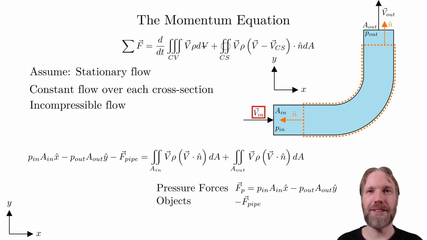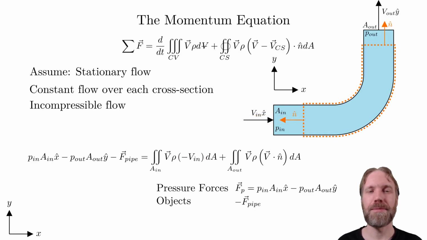From our coordinate system, we see that V in is in the positive x direction and V out is in the positive y direction. At the inlet, the velocity and normal vector have opposite directions. This turns the dot product into negative V in. We place the minus outside the integral.